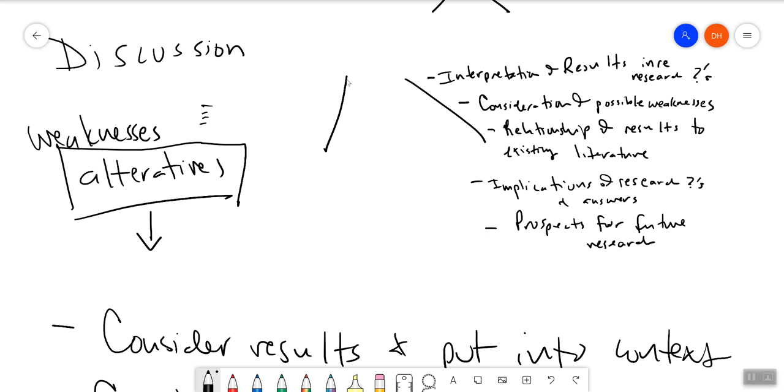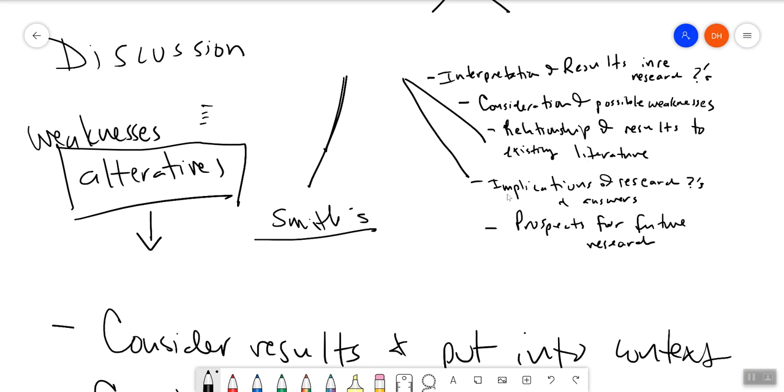Okay, we found that such-and-such was true when compared to other studies such as Smith's. We found a correlation between what we found and Smith's study. Okay, so that's all that is. That's sort of just the relationship to the existing literature.